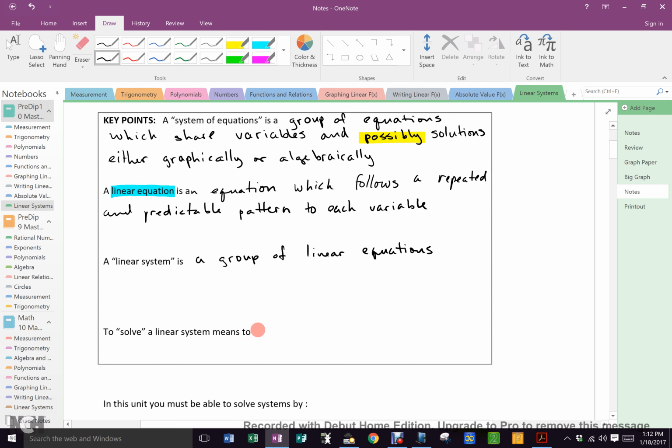To solve a linear system means to find the value or values, because there might be more than one, of both variables that work in all the equations. Okay? That is the background to this.